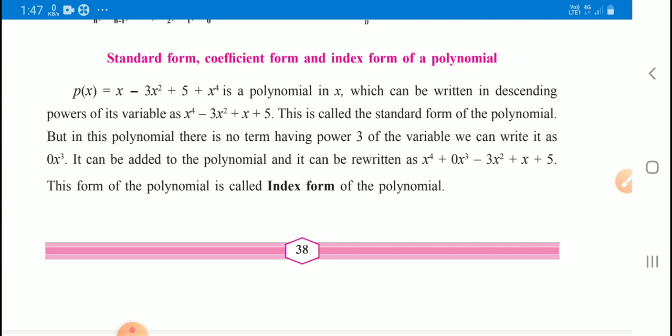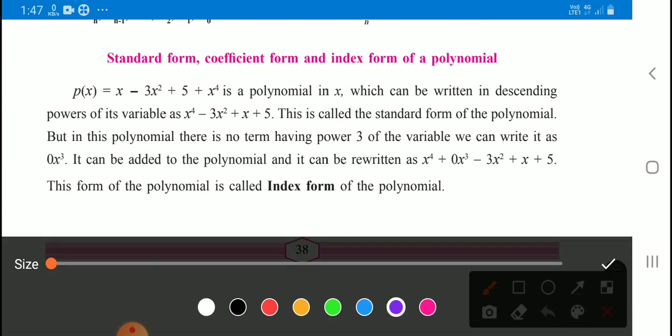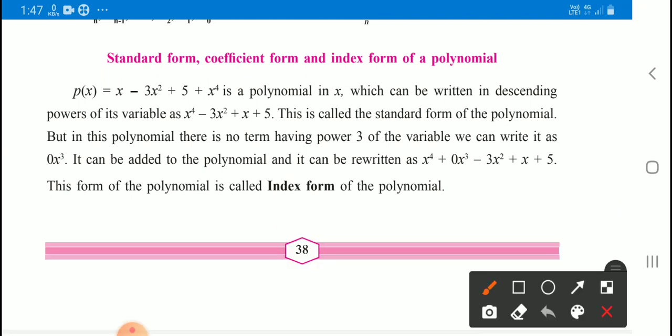Okay, the next is we can write it in index form. Before that we have to write the expression in the descending order. Then the coefficient form: suppose I want to write the expression x raised to 4 plus 0x cube minus 3x square plus x plus 5 in coefficient form, then I have to write the coefficients of each variable.